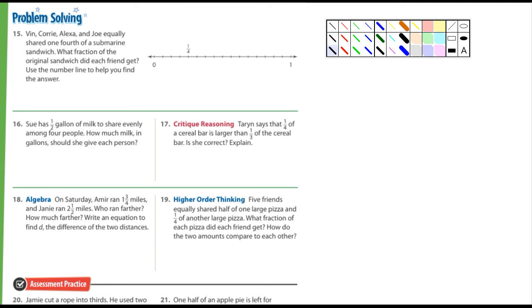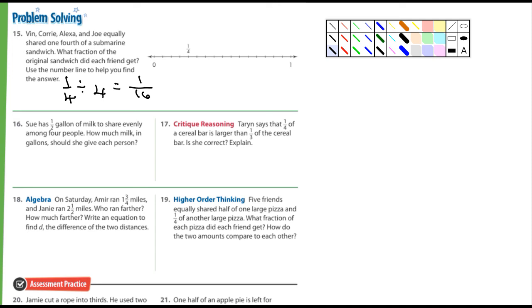So these 4 friends, I wouldn't be much of a friend because I don't think I'd want to share my 1/4 of a sandwich. That's not much of a sandwich. All right. They're sharing 1/4. So it's 1/4 divided by 4. What's 4 times 4? 16. 1/16. There's your answer.